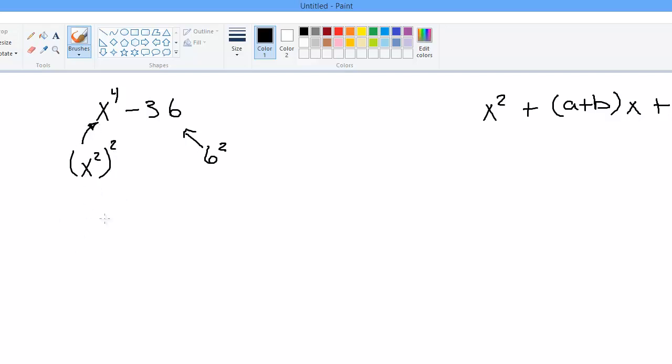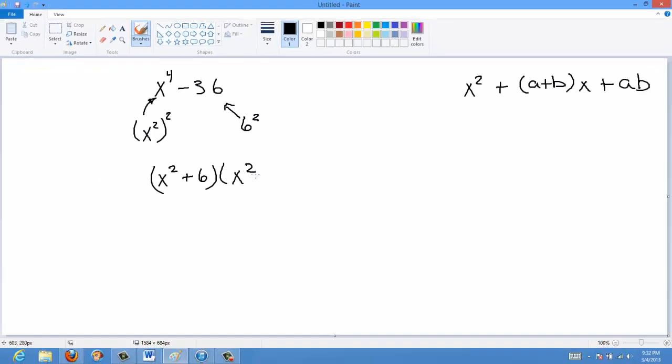So when we do this, what we would find is that the solution is x squared plus 6 and x squared minus 6. It's still the same difference of squares. We just take whatever is being squared in there, and then what we'd have here is this one where we can't do anything with it, and this one where we still can't do anything. Well, technically you can here, but I'll show you that in just a minute.